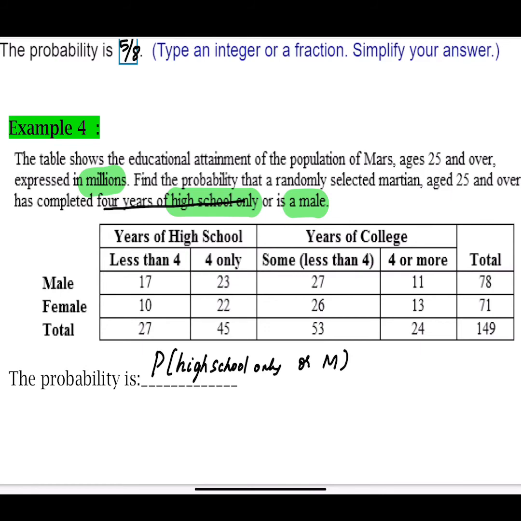So let me find the probability. Probability of high school, or stands for plus, probability of male. Because they are not mutually exclusive, I have to subtract the probability of being in high school and being a male. How many of them have 4 years of high school?